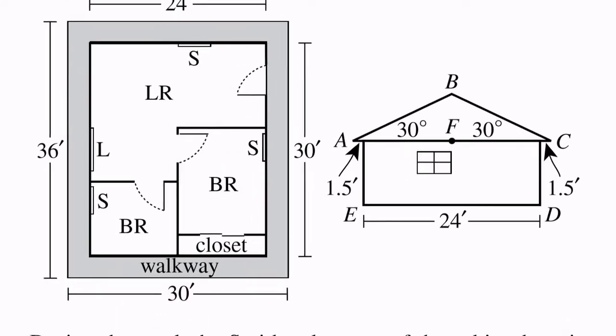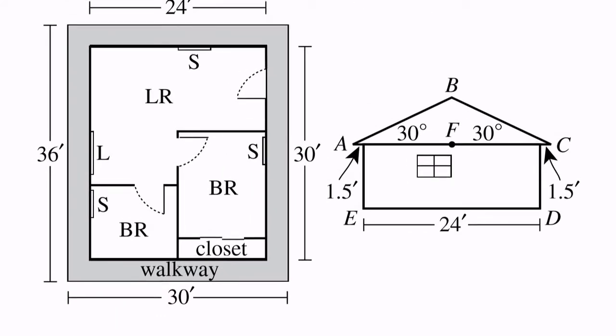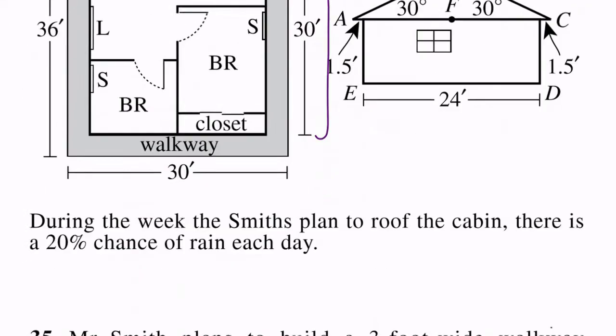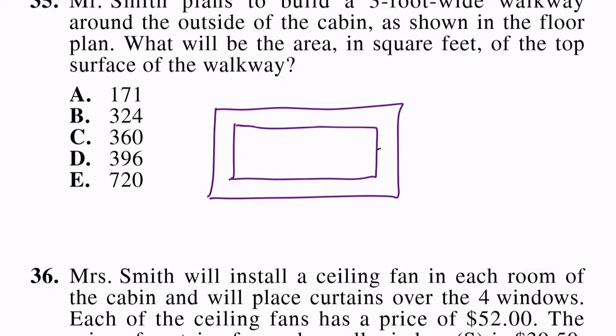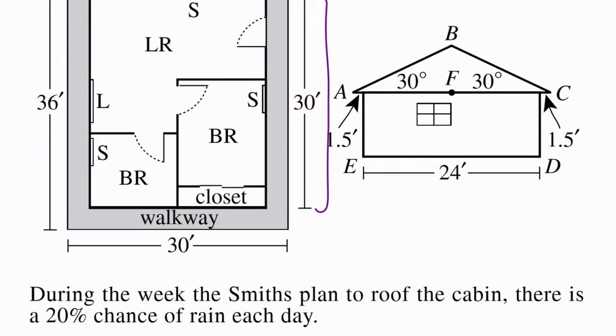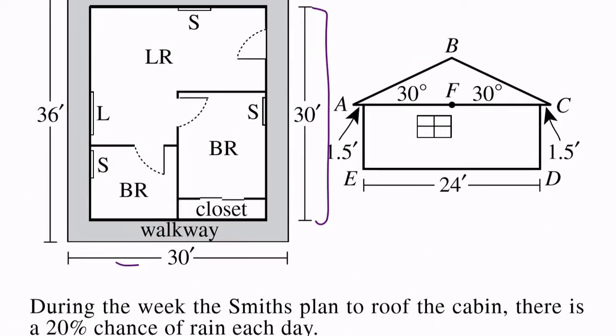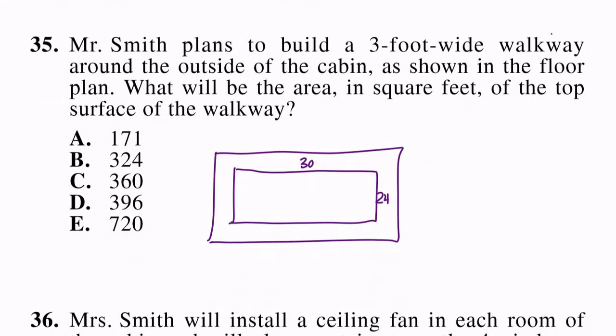So the dimensions of our cabin are 24 by 30. The dimensions including our walkway are going to be 30 by 36.